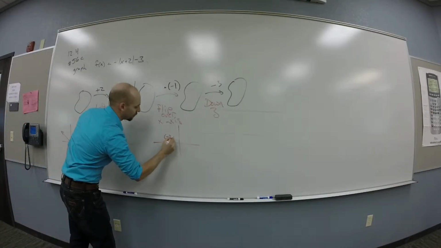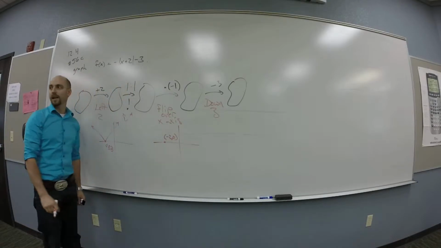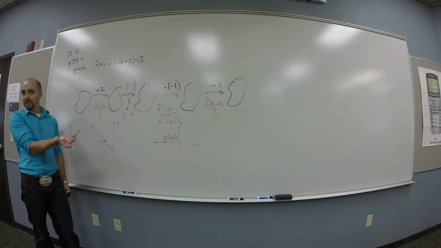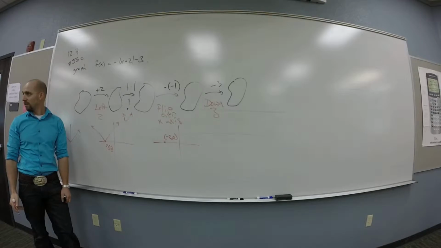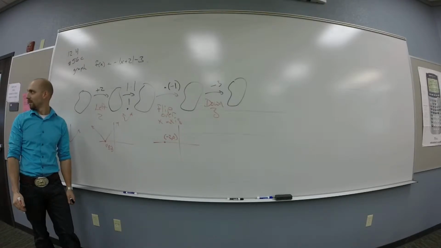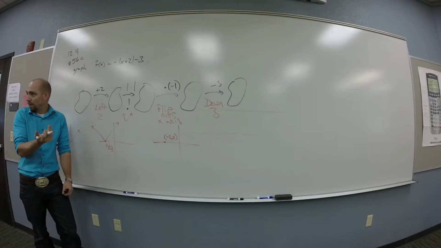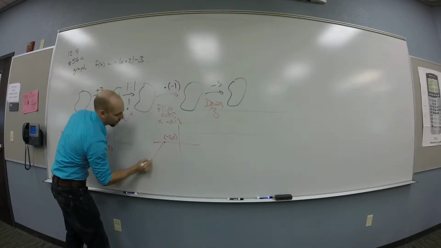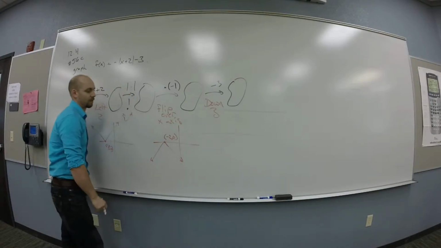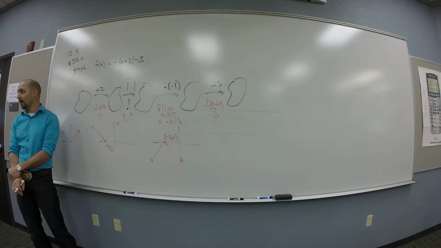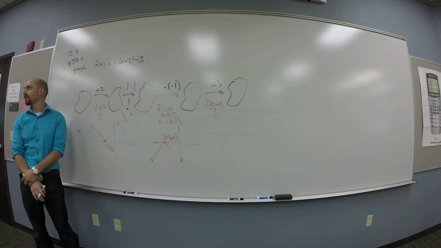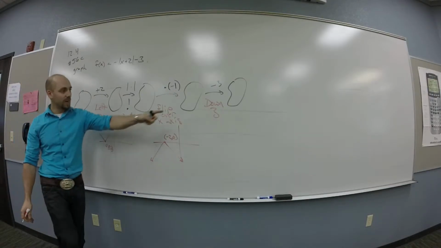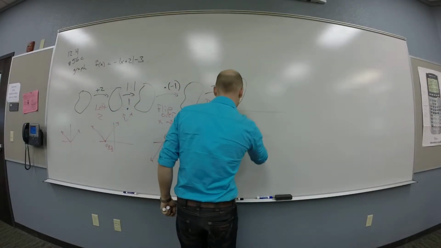So I've got my -2, 0. And now this thing's flipped over the x-axis. What does that look like? Yeah, it just looks like the same V but upside down, right? Okay, now I shift down 3, right?